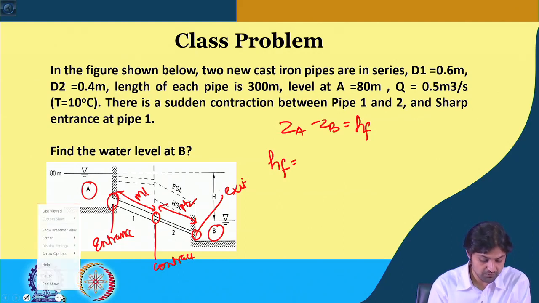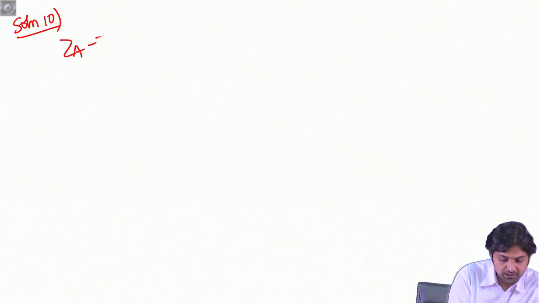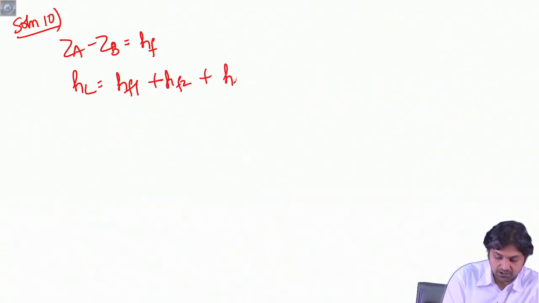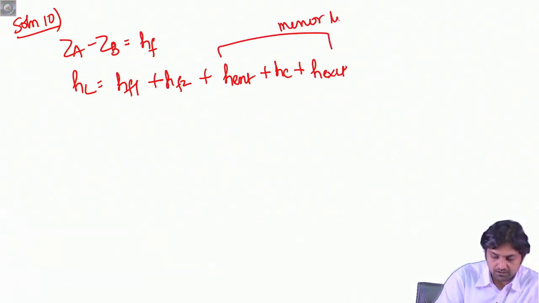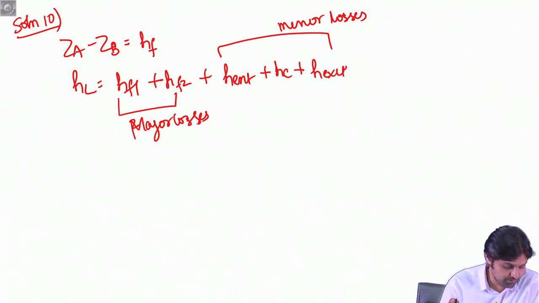Good. So, to solve that, we will take the help of the white screen again. Solution number 10: ZA minus ZB is equal to HF, and this total HF or HL will be HF1 plus HF2 plus H entrance plus HC plus H exit. The three minor losses and the two major losses. HF1 means major loss in pipe 1, HF2 major loss in pipe 2.